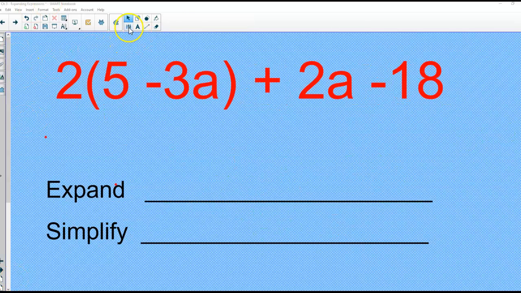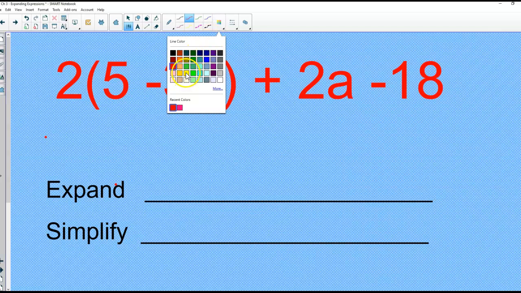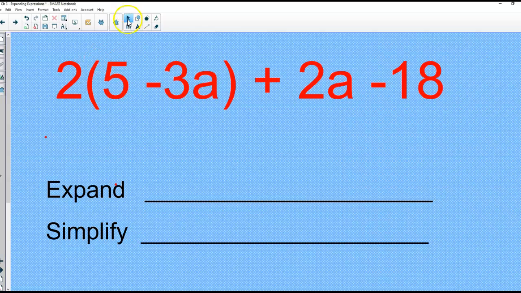Okay, let's look at another one here. So, first thing I would look at is where your parentheses starts and stops, right? I see it starting here and stopping here. So that means I'm only taking the 2 times the things inside, not what's at the end of the problem. It's not in the parentheses, okay?